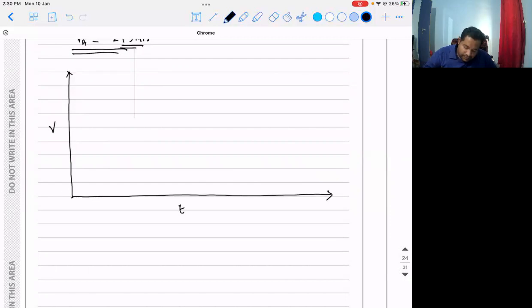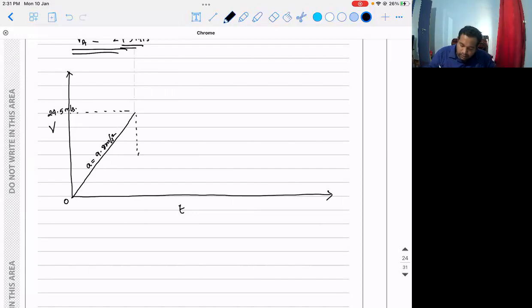The speed is increasing; initially it was 0, and it reaches a maximum speed of 24.5 meter per second. Here the acceleration is 9.81 meter per second square. It's accelerating with uniform acceleration.